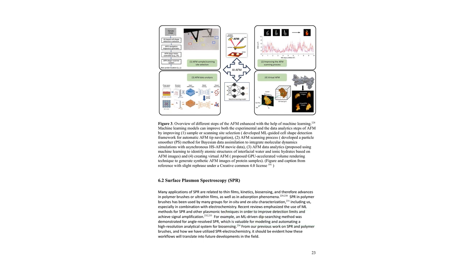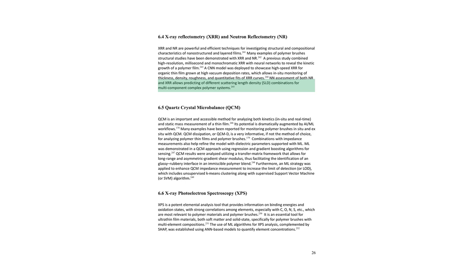In surface plasmon resonance, ML-driven methods can help denoise the signal and improve detection limits, which is vital for biosensing. In ellipsometry, neural networks can rapidly and accurately solve the complex inverse problem of determining a film's optical constants from raw measurement data. This replaces a slow, iterative fitting process with an almost instantaneous one.